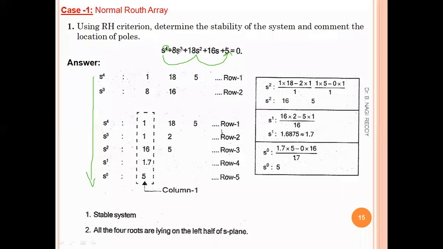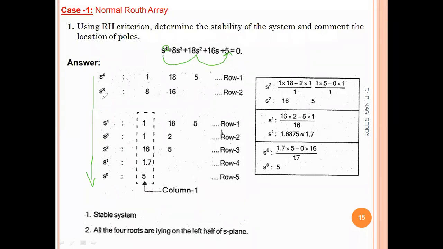Then leave the immediate term and write the coefficient of the next term, which is s square. So s power 4 term, s square term, and then s power 0 term. So 1, then 18 is the coefficient for s square, and 5 is the coefficient for s power 0, because there is no s here. So 5 is the coefficient.